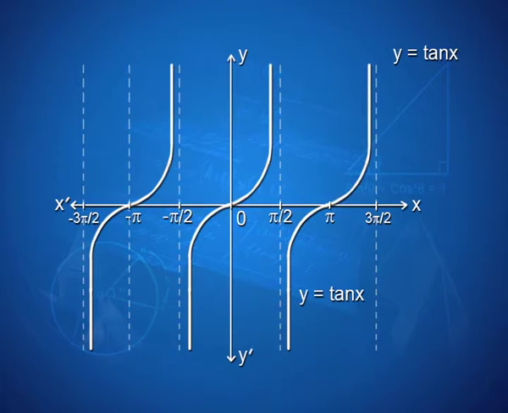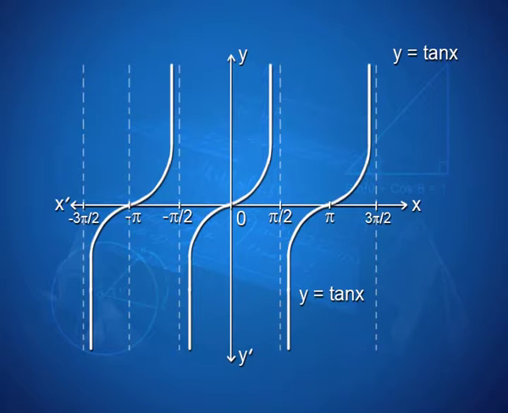X dash O X is the x axis, Y O Y dash is the y axis, and we can see that the graph is increasing from 0 to pi by 2, but it is not touching the line pi by 2. We have in a similar manner between pi by 2 and pi, pi and 3 pi by 2.